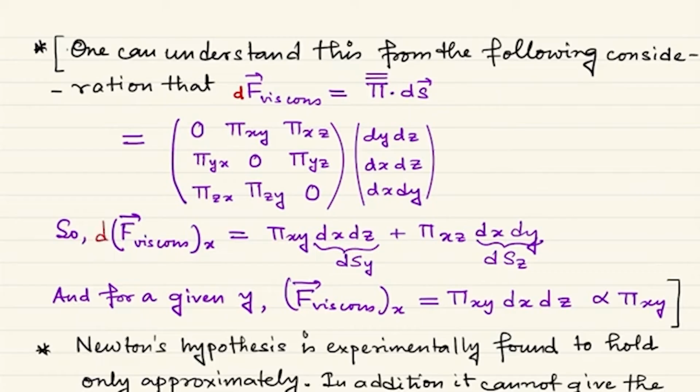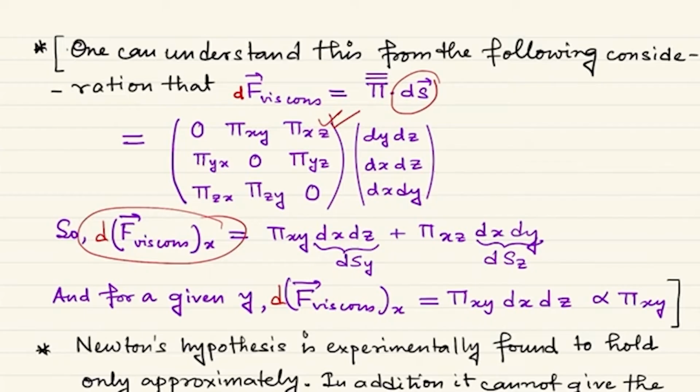Now if you do the dot product of this tensor, which doesn't have any non-zero diagonal element, when this is contracted with the area elements, you will see that the x component of this viscous force simply gives you two terms.